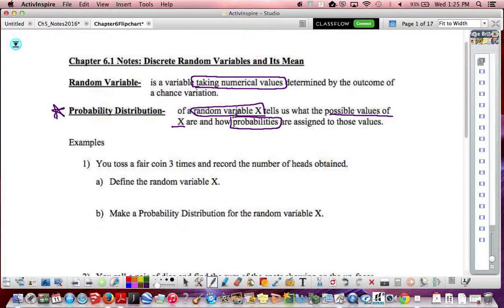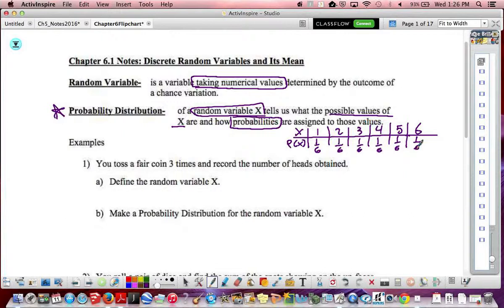So, for instance, like rolling a six-sided die, we've already looked at this one time. The outcomes are 1, 2, 3, 4, 5, and 6. The probability of each outcome is 1/6, again assuming that the die is fair.